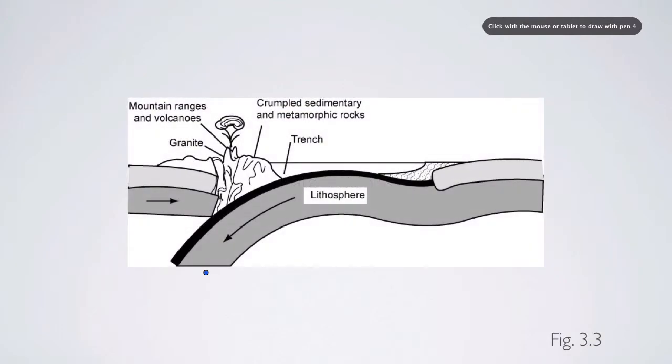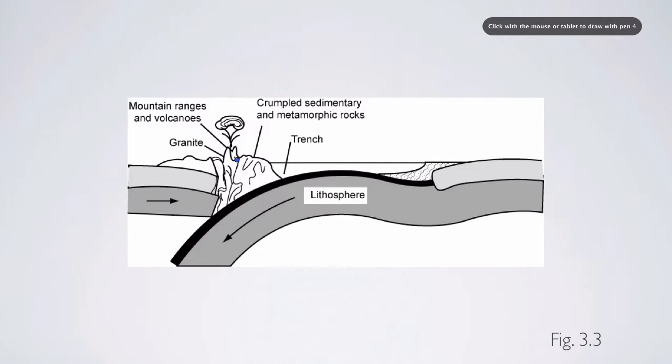In the book is a really simple diagram of plate tectonics. The authors show an oceanic plate here, the lithosphere, which is being subducted underneath a continental plate. And when they collide, the oceanic plate goes underneath the continental plate, becomes heated up and gets melted into magma.